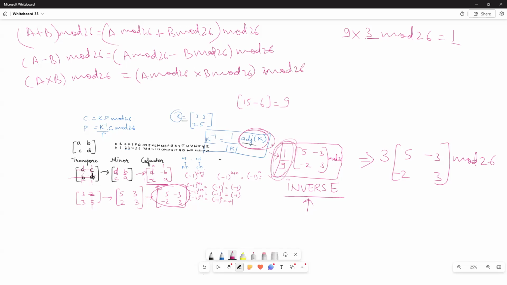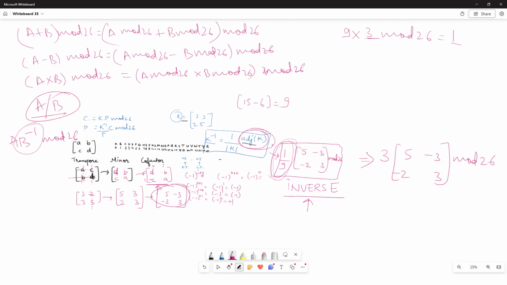But when it is a division operation, a divided by b mod 26, this specific value a by b is considered as a times b inverse mod 26. That is how exactly this value, inverse of 9, is being calculated, because this is 1 over 9, which is a division operation.